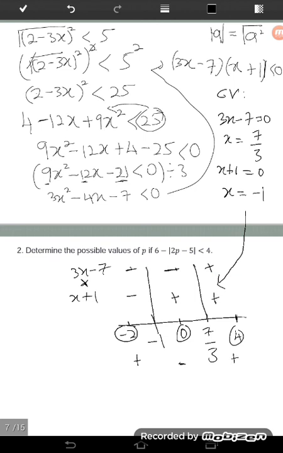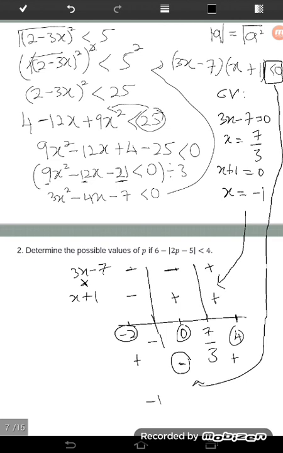So the answer we need negative, which is less than 0. So the answer kat tengah-tengah ni. Okay, so you will have negative 1 less than x less than 7 over 3.